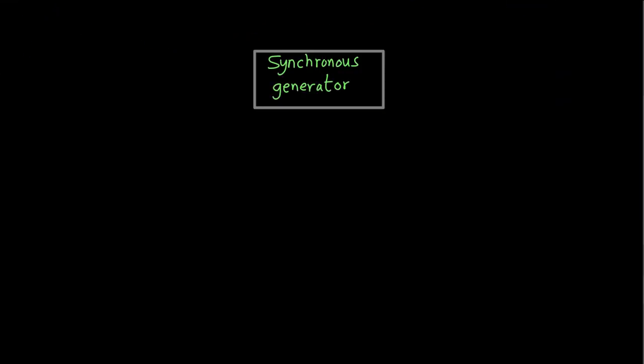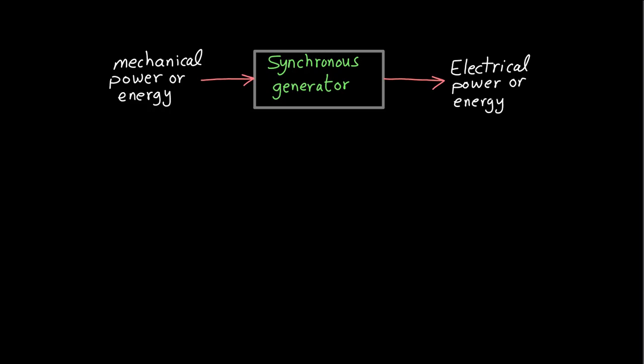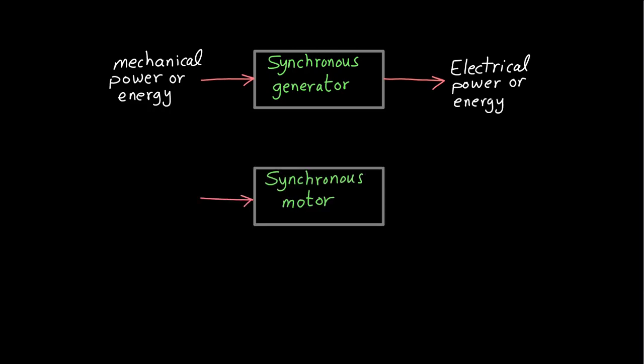Now we know that the synchronous generator converts mechanical power or energy to electrical power or energy. Also, we know that the synchronous motor converts electrical power or energy to mechanical power or energy.